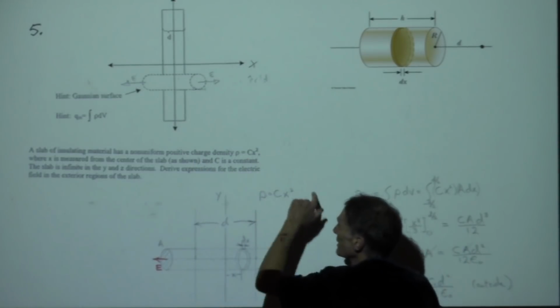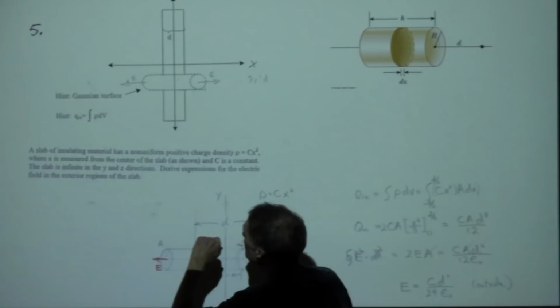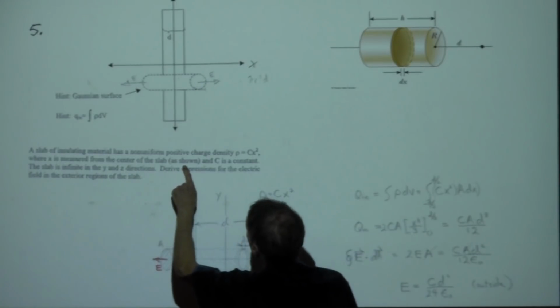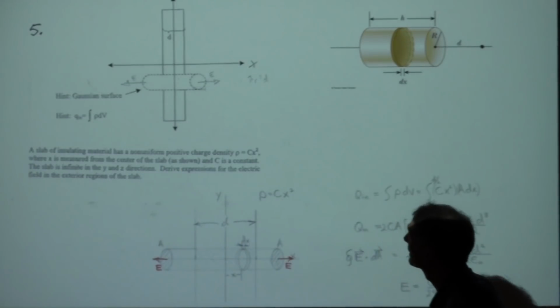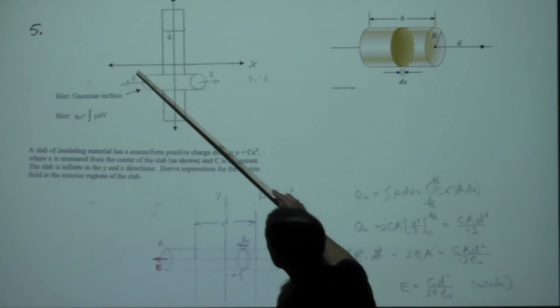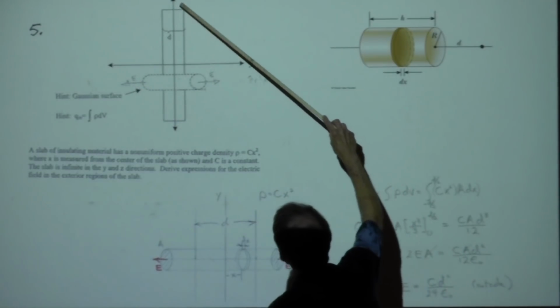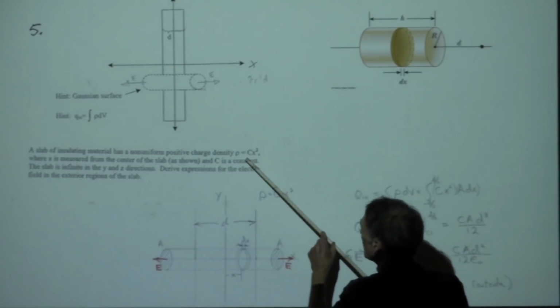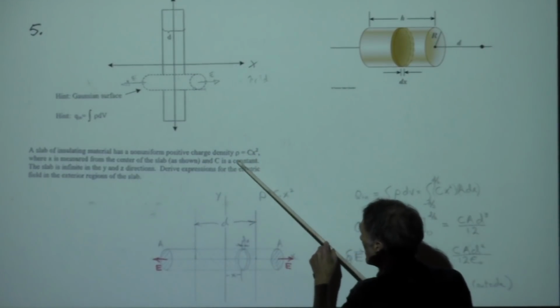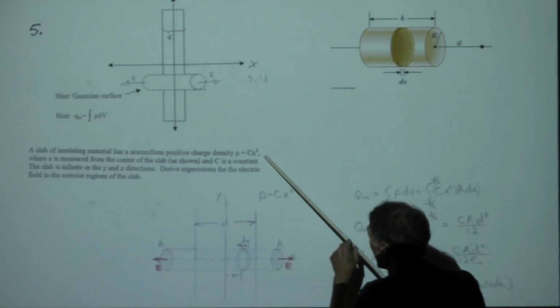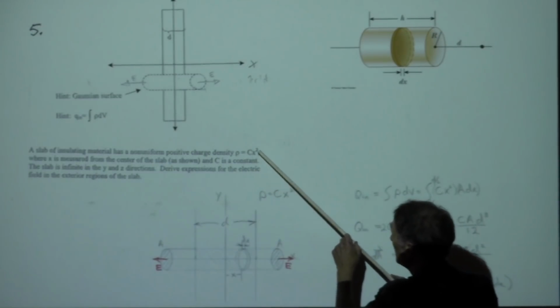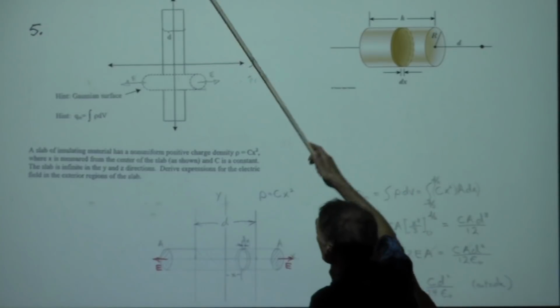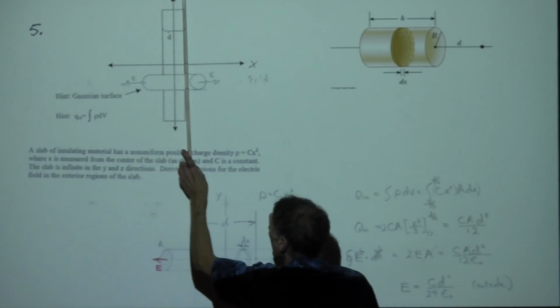Rho is equal to Cx squared, where x is measured from the center of the slab as shown. Okay, so something that comes up, this is the x-axis, this is the y-axis. So this positive charge density is equal to Cx squared. This equation that he's giving us for the charge density is dependent on x. And some people want to know, well, hey, can I move my y-axis around?